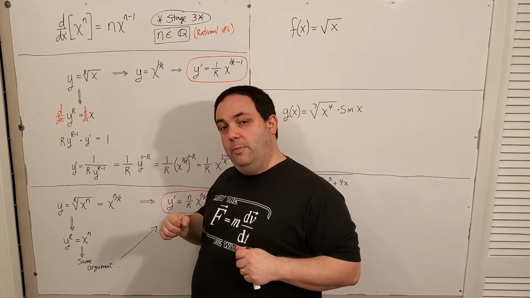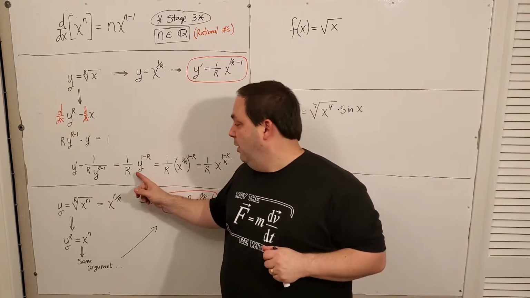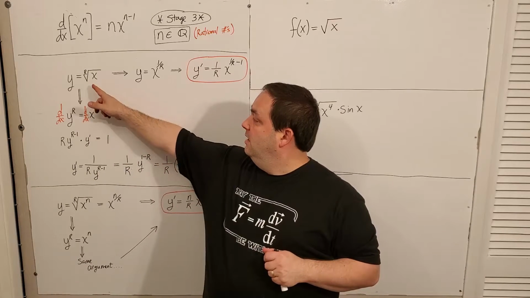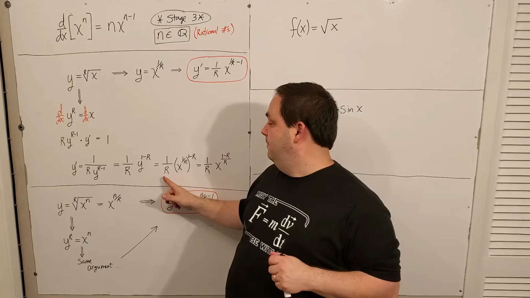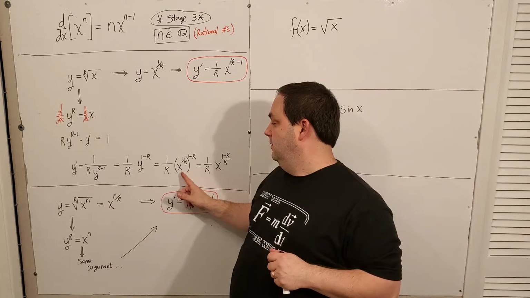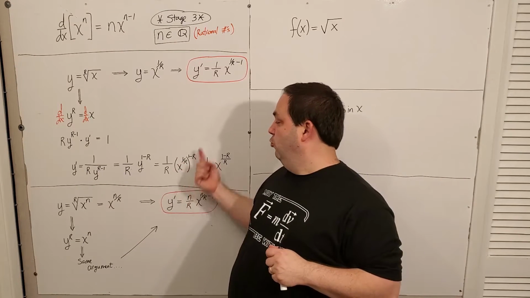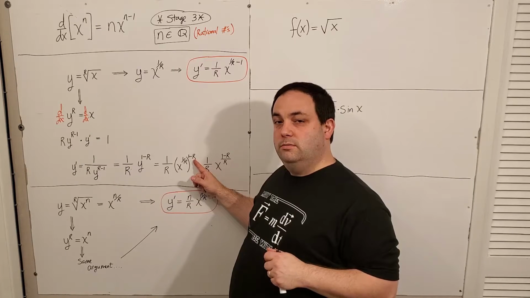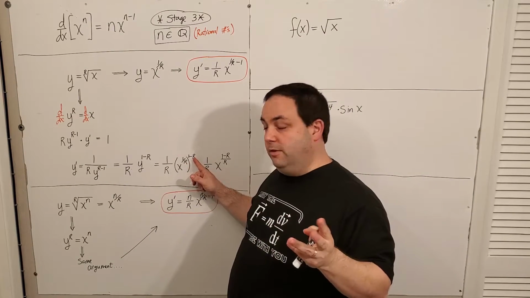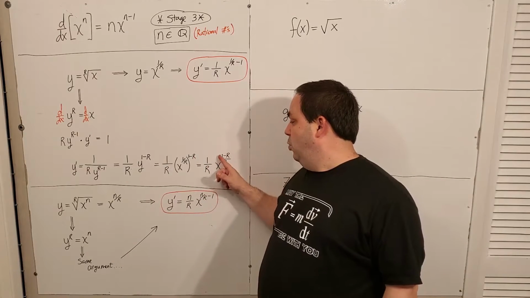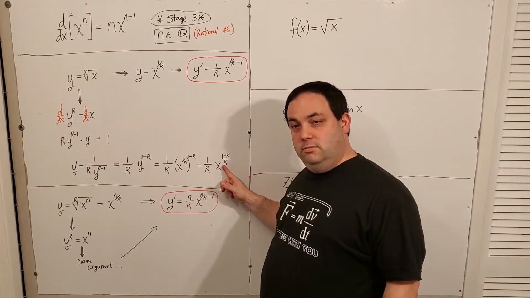I just move the y up and out. But what is y? y is equal to x to the 1 over r power, right? So I substitute it. x to the 1 over r power raised to the 1 minus r power. If I ever have a power raised to another power, I multiply them. So that gives me x to the 1 minus r over r.